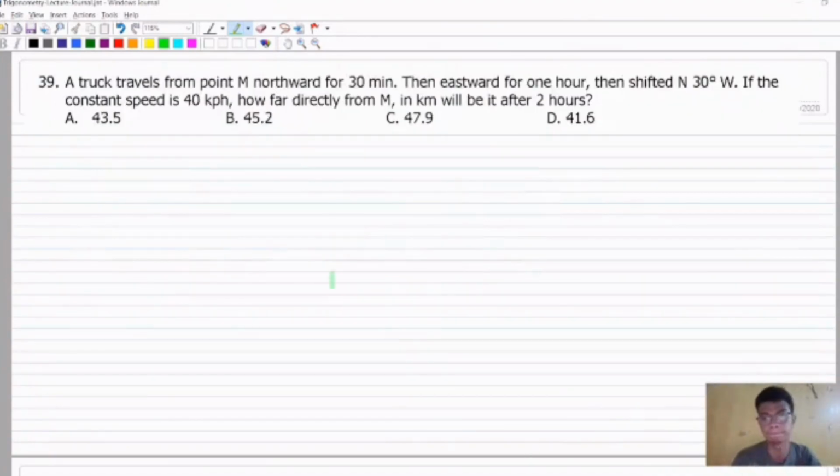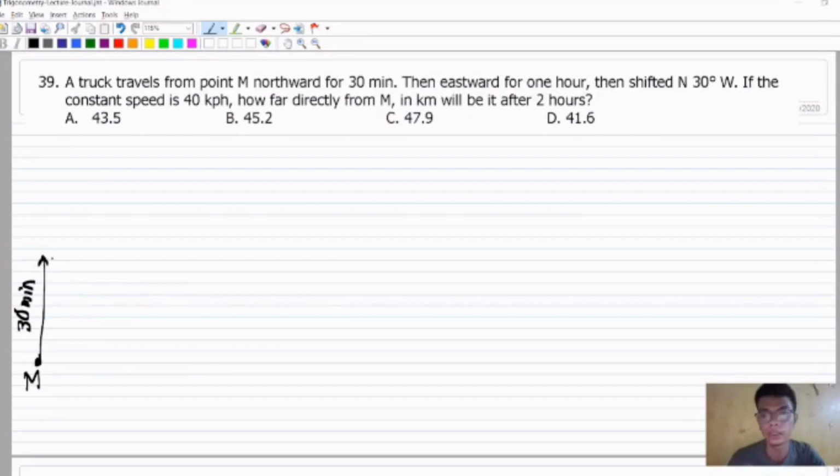Number 39. A truck travels from point M. Sabihin natin, this is the point M. Nag-travel siya ng 30 minutes papunta sa north. 30 minutes.